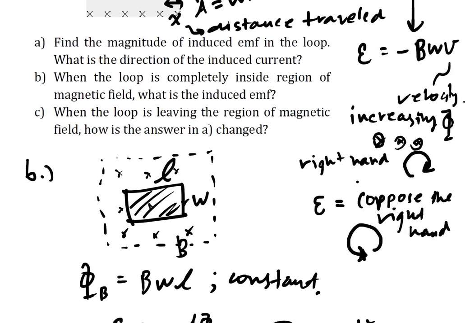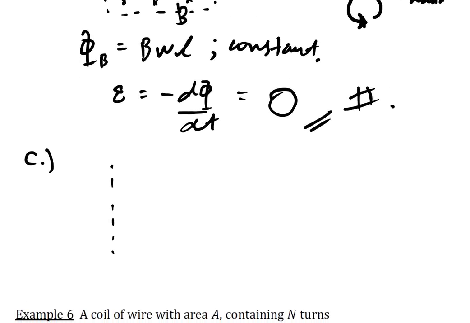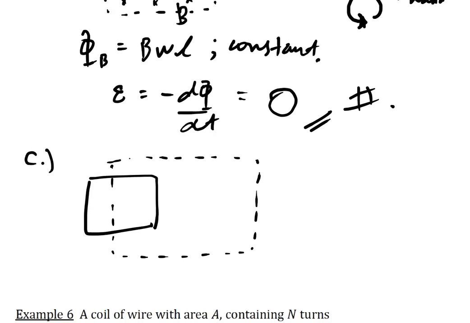And in part C, when the loop is leaving the region, yeah. So what is happening when the loop is leaving the region? Okay. So it is traveling to the left. Here it's leaving the region. And here is the distance x that it has left the region. Okay.